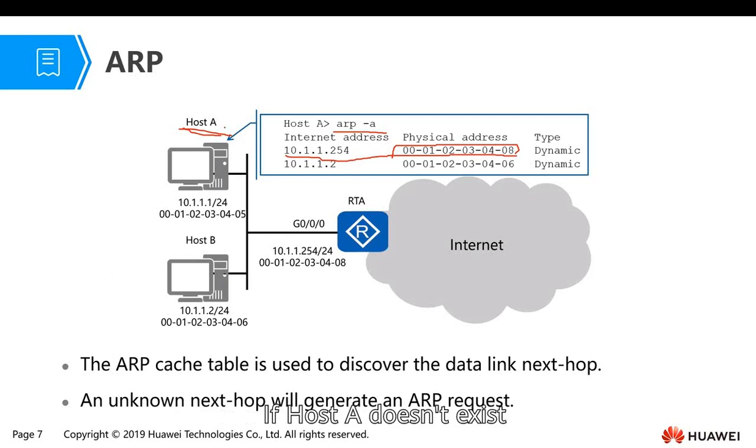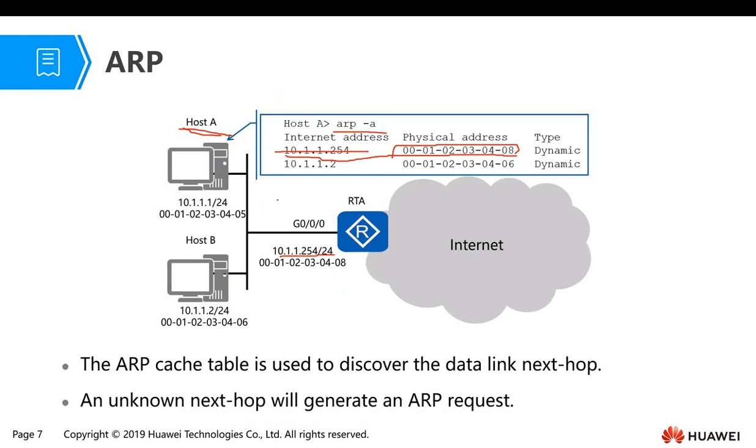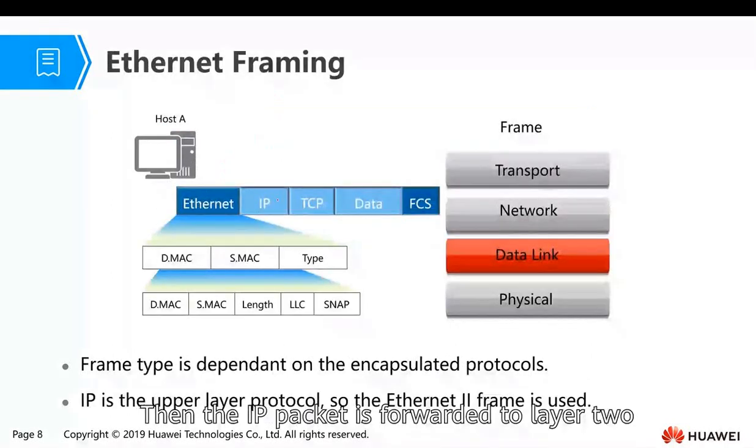If the gateway's MAC address does not exist, host A should use the ARP process to resolve the gateway's IP address. Then after getting the gateway's MAC address, the IP packet is forwarded to layer 2.